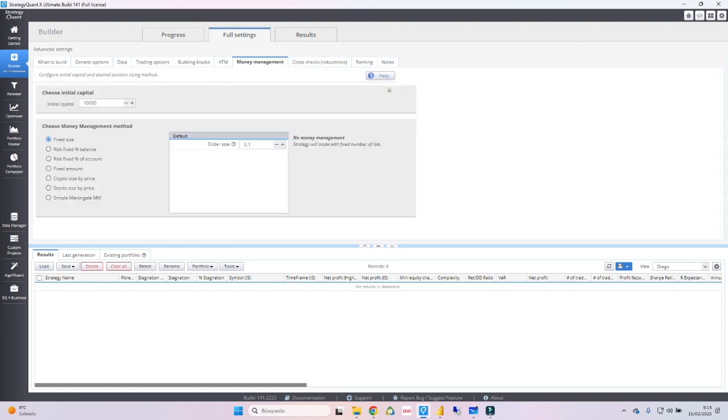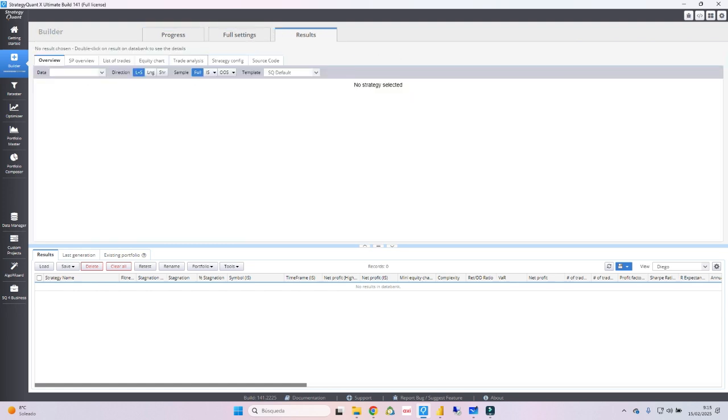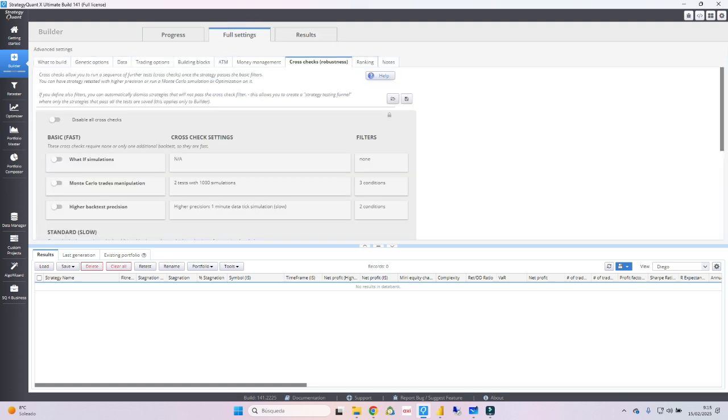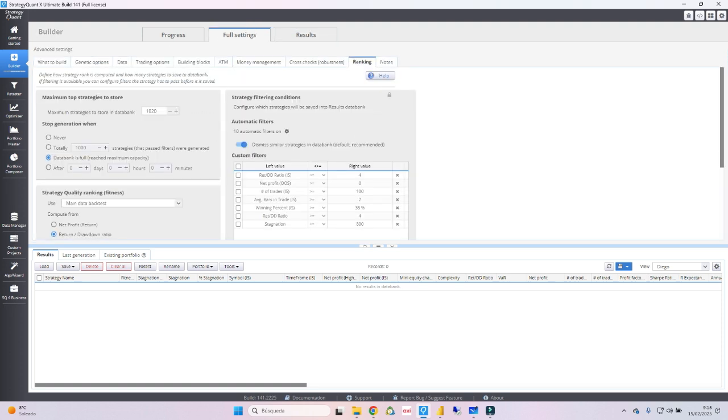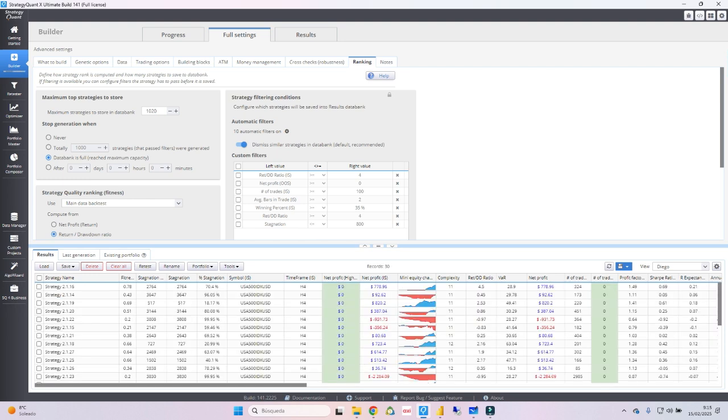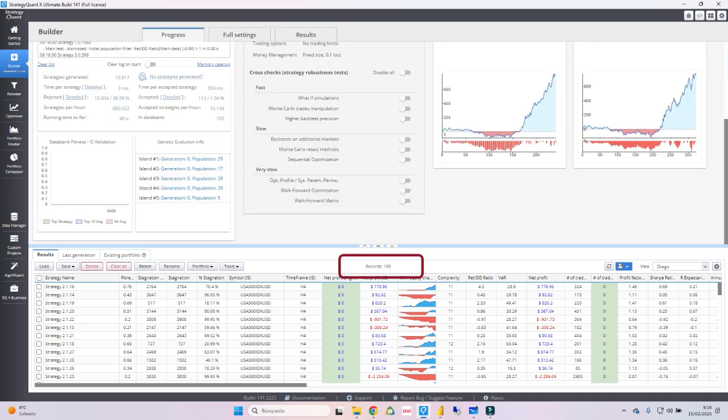For that, I set up the ranking, saying you will store strategies until 1020 and you will stop when it's full. So when this number gets to 1020, StrategyQuant will stop. Now it's looking.